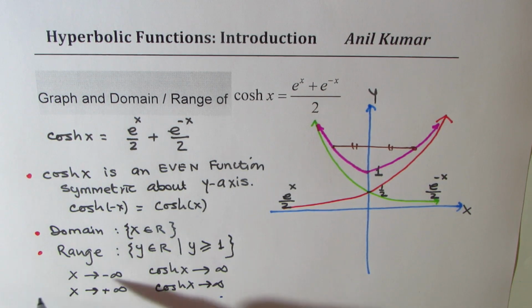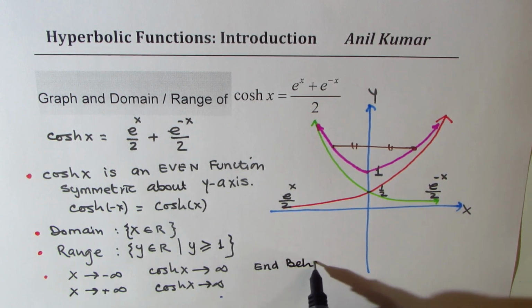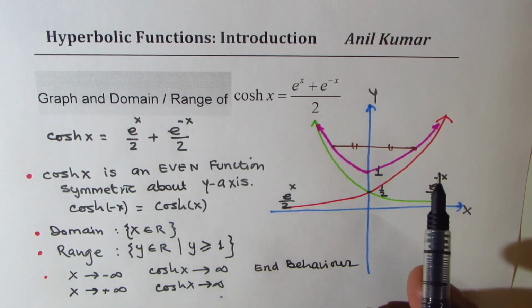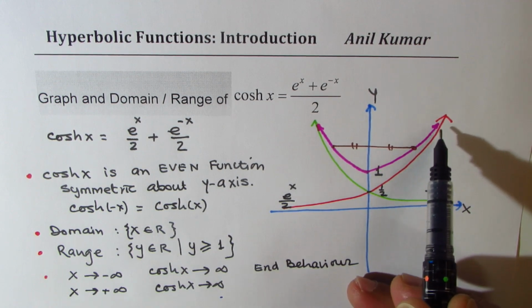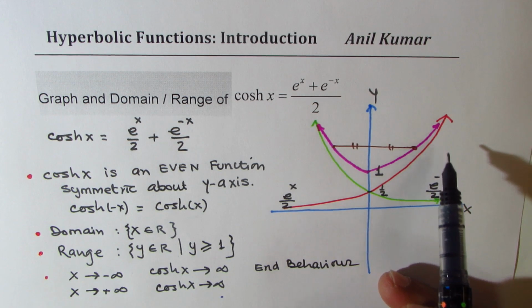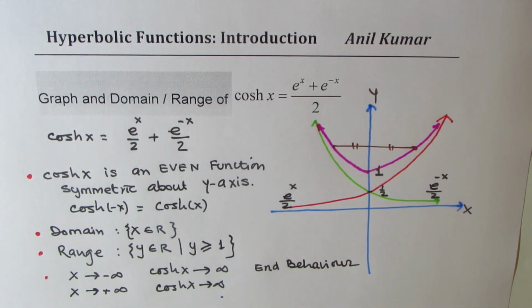You could treat this as your end behavior, correct? So the value is always greater than or equal to 1 and could be infinitely large. However, you could also see that the function approaches e to the power of x for a higher positive value of x, and e to the power of minus x for a negative value. Perfect. So I hope till here there's no question.